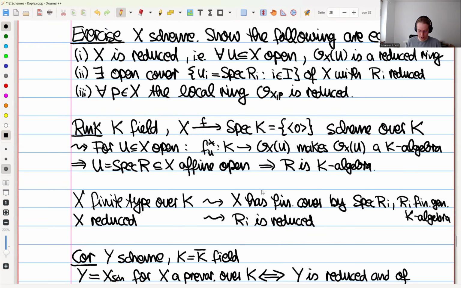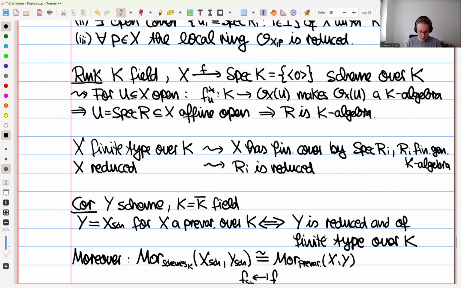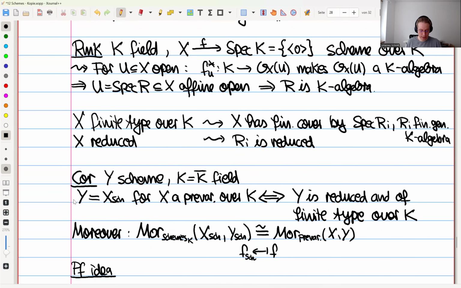And now we're getting pretty close. So somehow, if you then also ask that X is reduced, then any of these things must be reduced. And then we have basically collected all of the properties that we need to characterize pre-varieties. And this is then formally stated here.